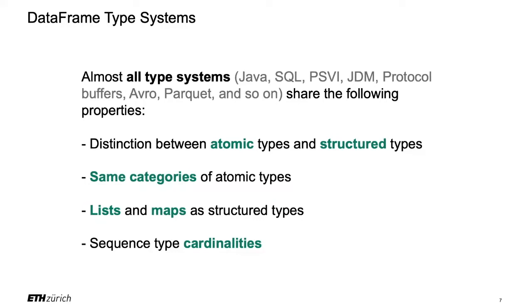The protocol buffers that one of you mentioned yesterday, Avro and Parquet, which are binary formats for data. JDM, that's the JSONiq data model we'll study later for JSON. PSVI is a scary term that just means when you have validated XML, what you have in memory. But don't be scared like that. What I'm saying on that slide is simple. No matter what technology you pick, it will more or less follow the same patterns.